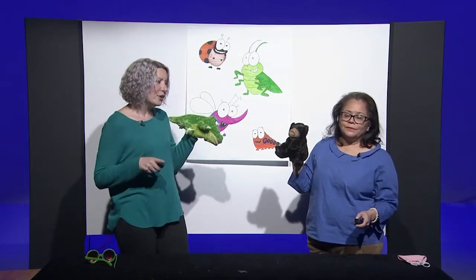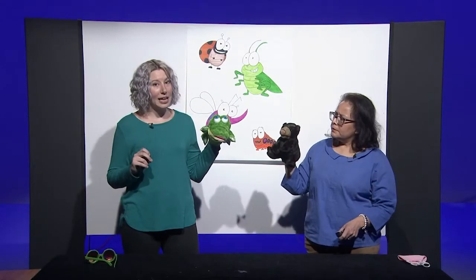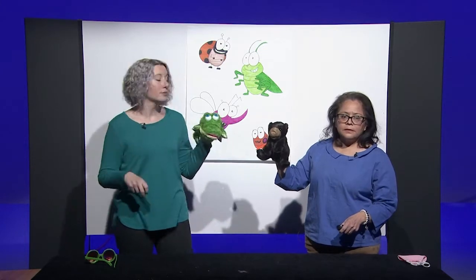Our next vocabulary word, it's a little different. Look at this picture. This is a picture of an animal habitat. Can you all say the word habitat? Habitat. Great job. A habitat is a place where animals live.